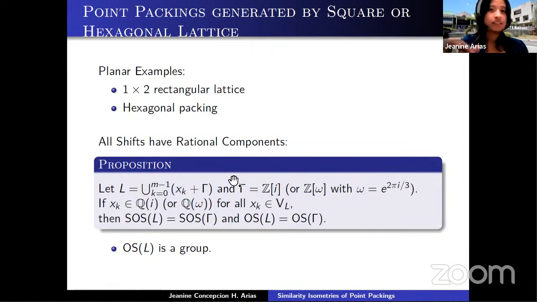Because of that, we have this result that OS of L, or the set of similarity isometries of L, is just equal to the group of similarity isometries of the generating lattice gamma. Therefore, for these two examples, OS of L is a group. And meanwhile, for the skull and the tau, we show the following results.